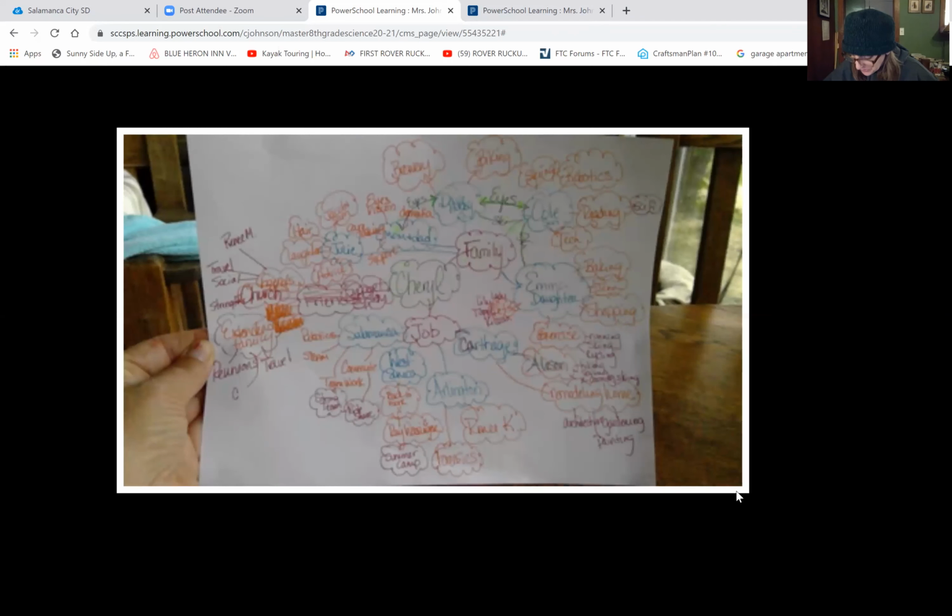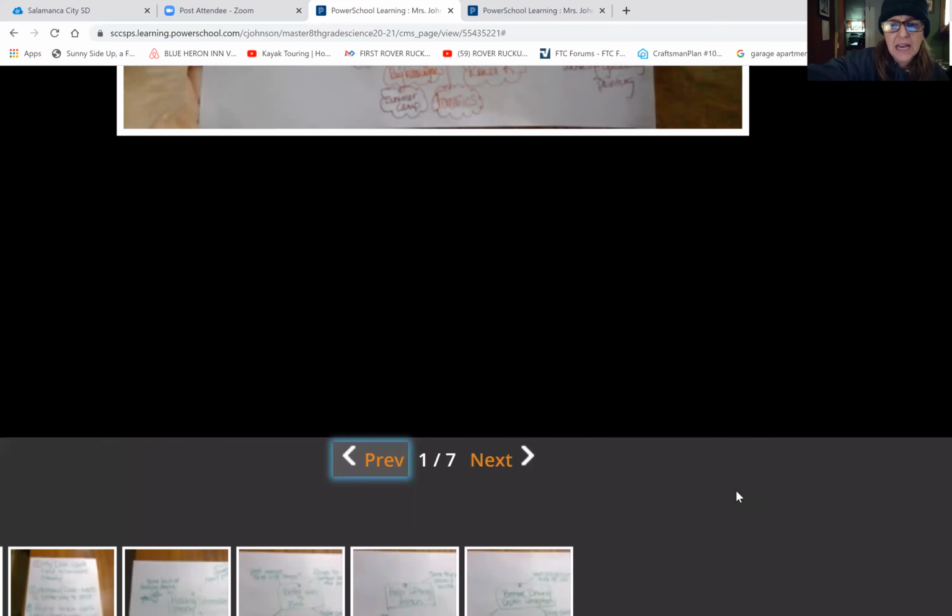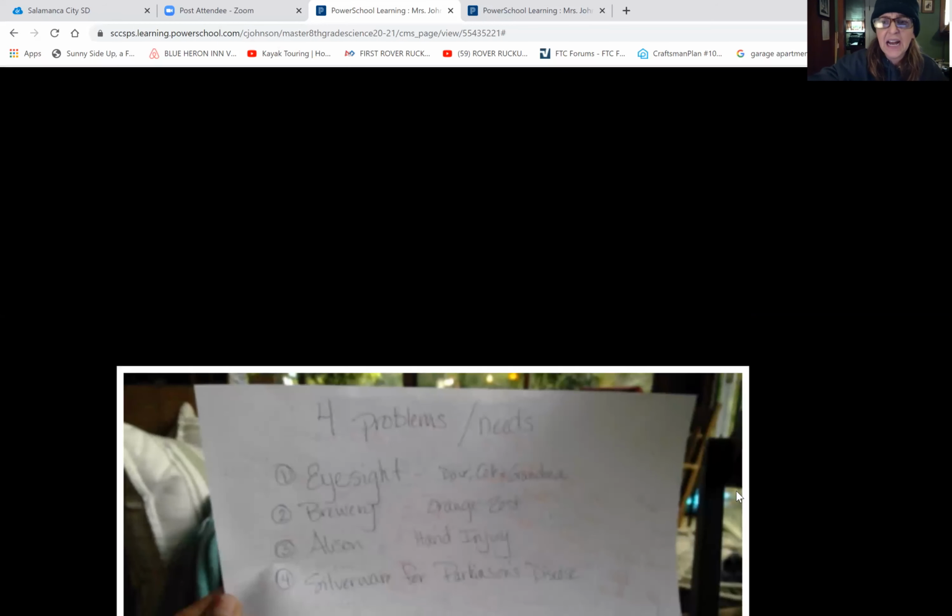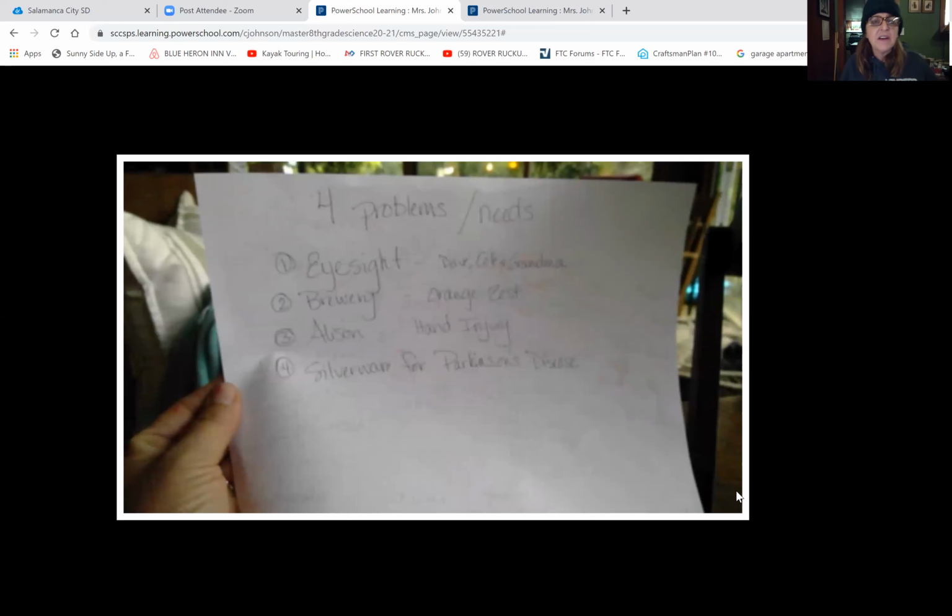Your next step is to look at each one of those people on there and think about the needs that each one of them has. Now, for me, I don't necessarily have it in a particular color on there, but the ones that really stood out, and it's on my next picture slide here, I had just quickly jotted on the back of my mind map, 4 of the problems or the needs that really spoke to me.